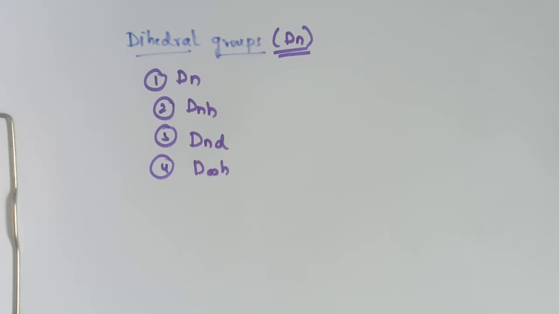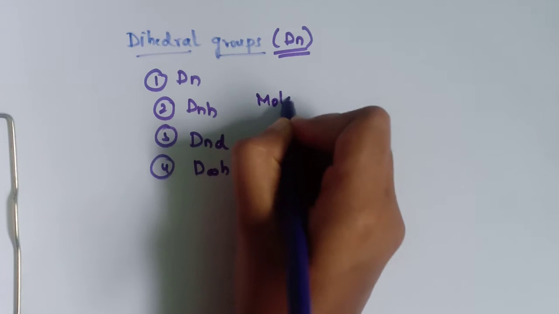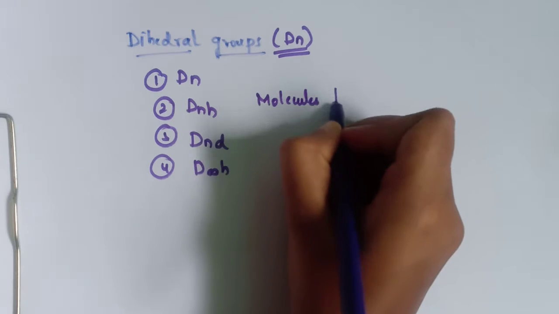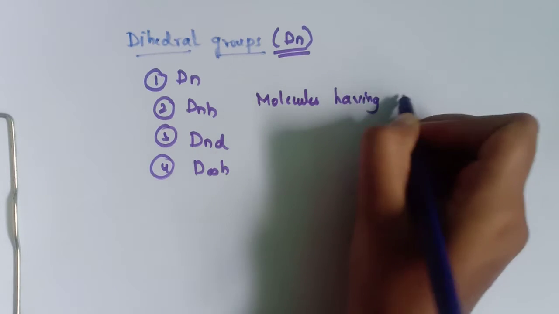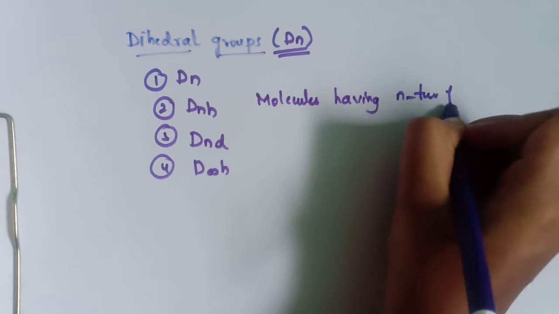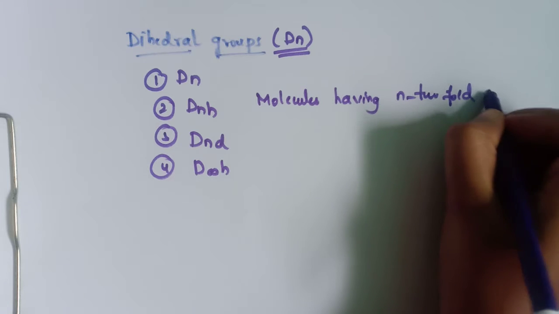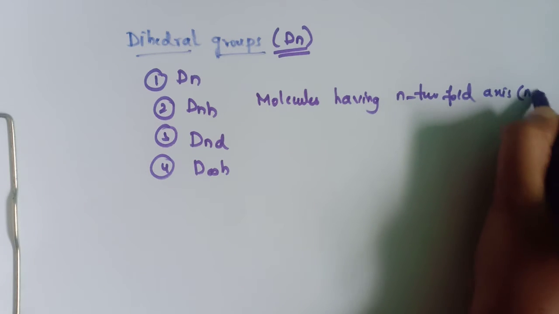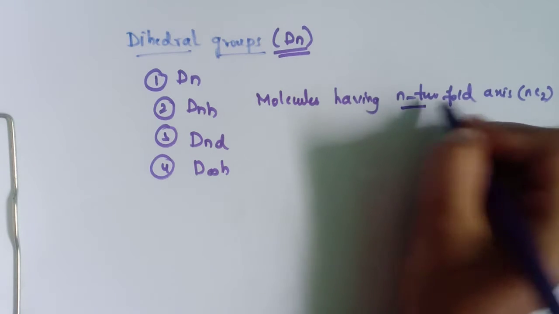Now what do these dihedral point groups actually mean? Molecules having n-fold axis, that is nC2. What does this mean?